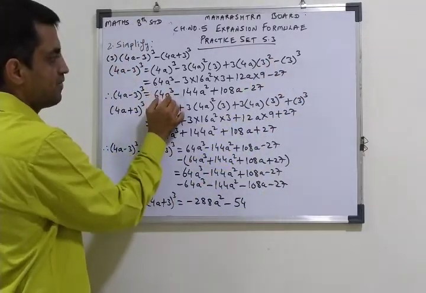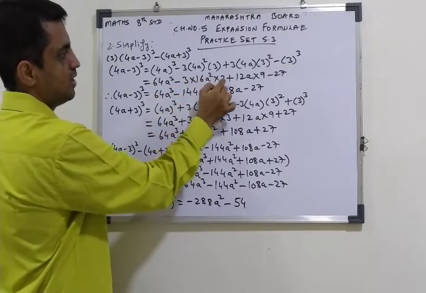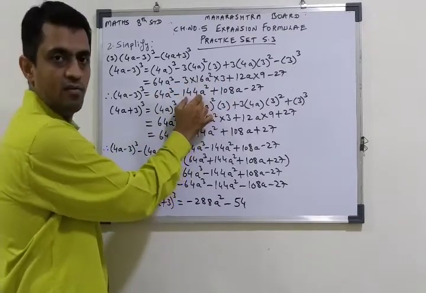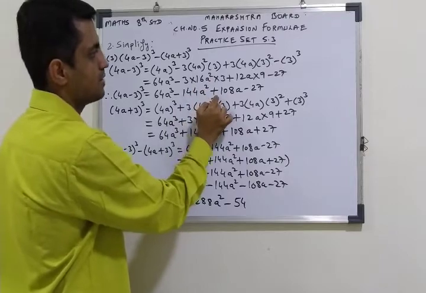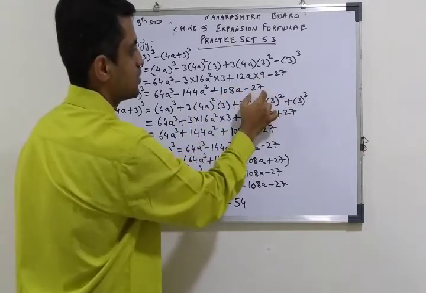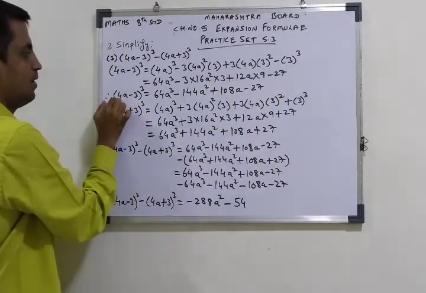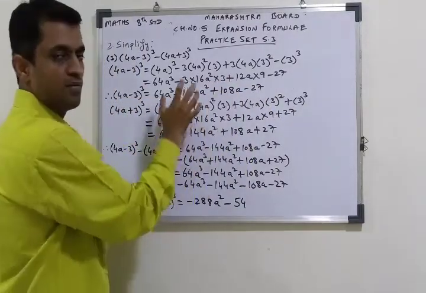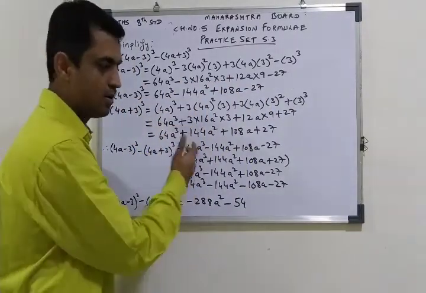Let us simplify further. 3 into 16 into 3 is 144a square, plus this you multiply, you will get 108a minus 27. So we will note this step because we are going to use it later on.